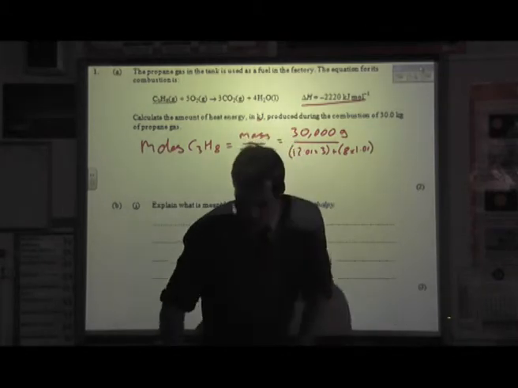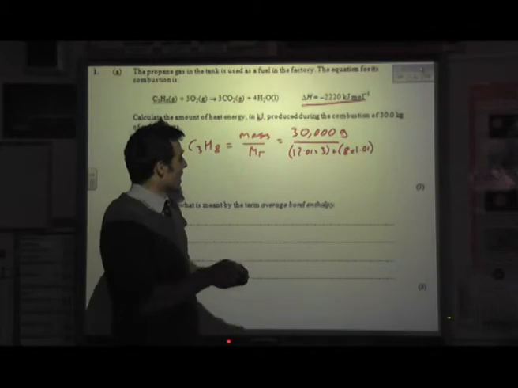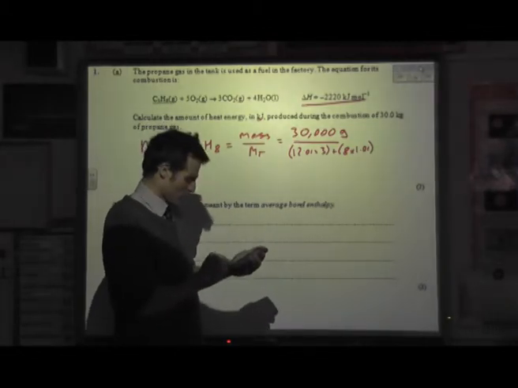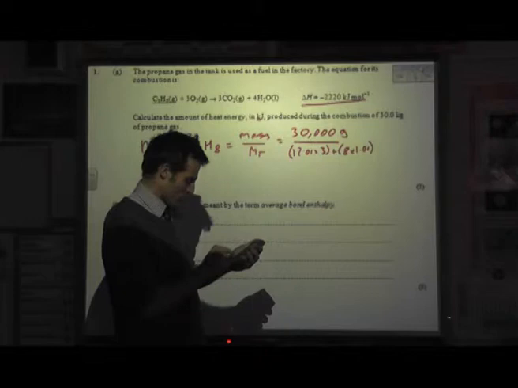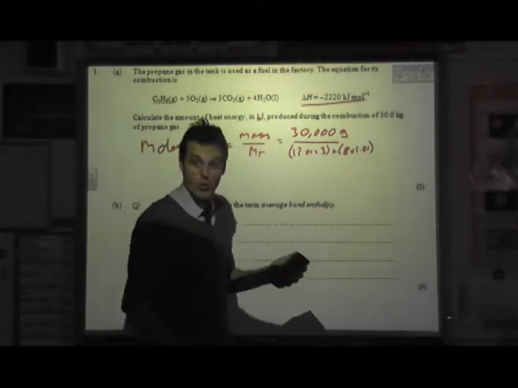Okay, so you do that on your calculator. Let's find out what the Mr is first. It should just be 12.01 times 3 plus brackets 8 times 1.01 close brackets, equals the Mr of that, which should be 44.11.